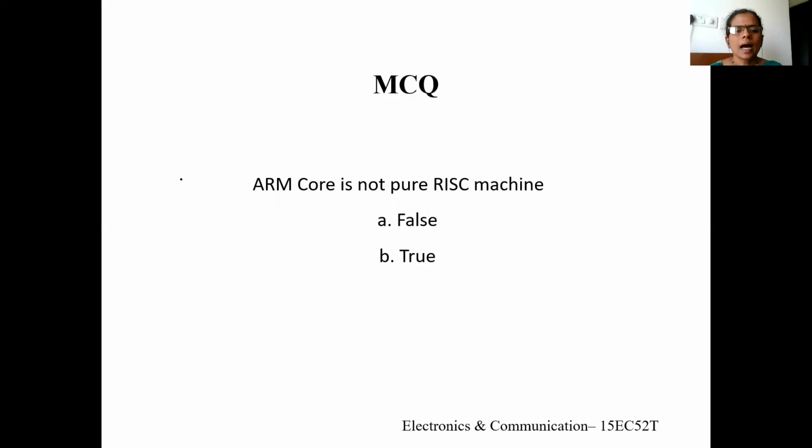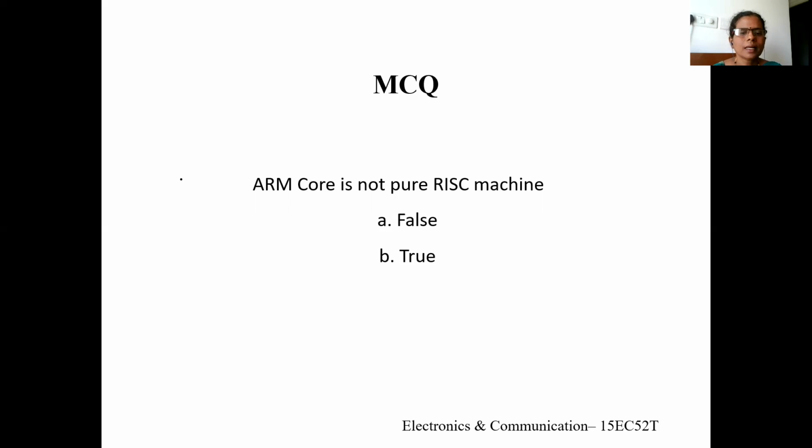Next question is, ARM core is not pure RISC machine. As I said, RISC is implemented in an ARM processor. As ARM stands for advanced RISC machine, RISC is taken. But the statement says that it is not a pure RISC machine.